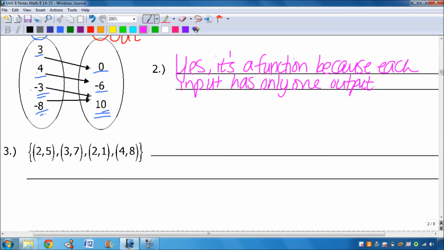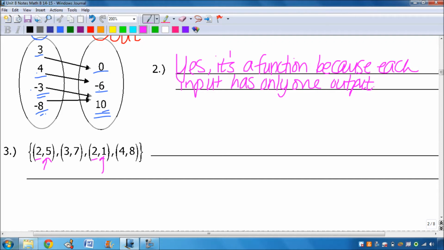All right, so for number 3, if you look right here, this input of 2 has an output of 5. However, this input of 2 also has an output of 1, which means that each input does not have only one output. Once we find one example where an input has more than one output, it is no longer a function.